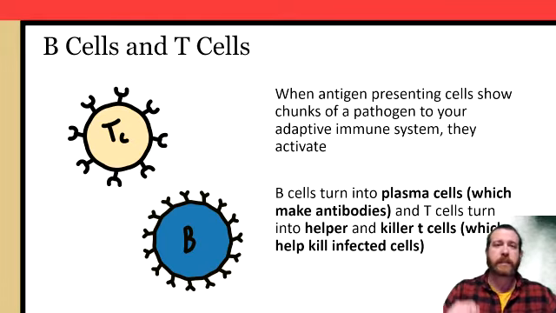It's basically like tagging a pathogen with a little fluorescent flag that says, hey, this is something that we should kill. Or they'll just get in the way and prevent that pathogen from actually binding with our cells. That's called neutralization. But antibodies are helping us by attaching themselves to that pathogen.